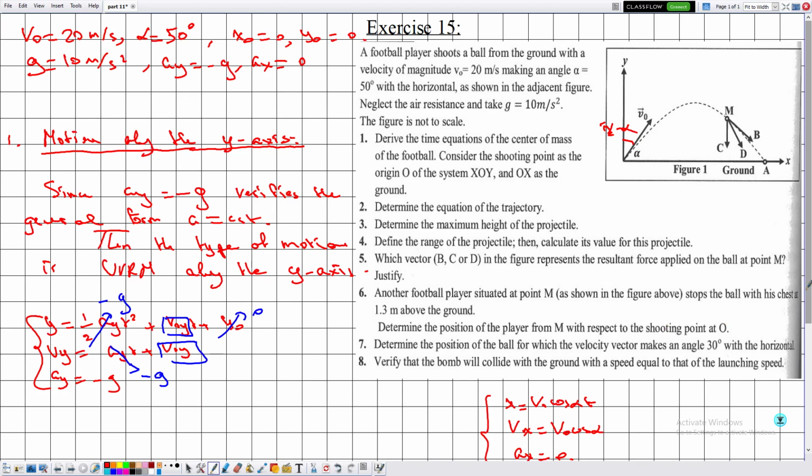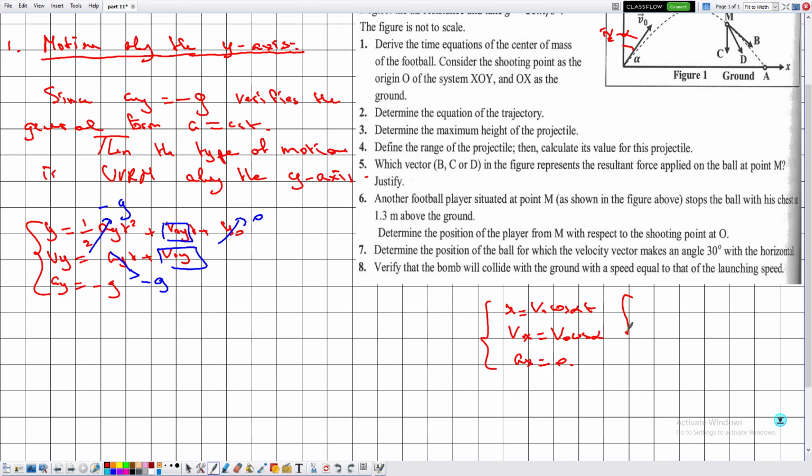Okay, so in this case the y equations can be written as y is equal to minus half g t square plus v0 sine alpha t, vy is equal to minus g t plus v0 sine alpha, and ay is equal to minus g.